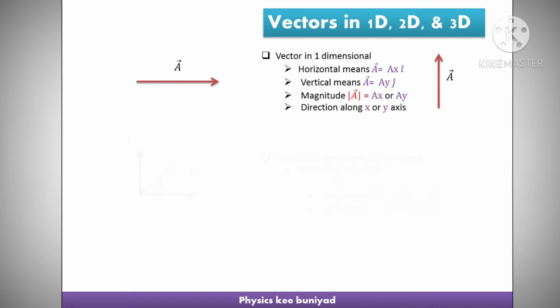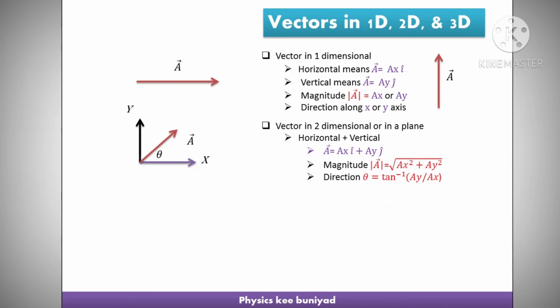Now if we talk about the vector in 2-dimensional, as we discussed, the vector which lies in a 2-dimensional plane has two components, one is the x component or horizontal component and another one is the vertical component or y component. So we can write the vector by combining these two components. So simply we can write a equal to ax i cap plus ay j cap.